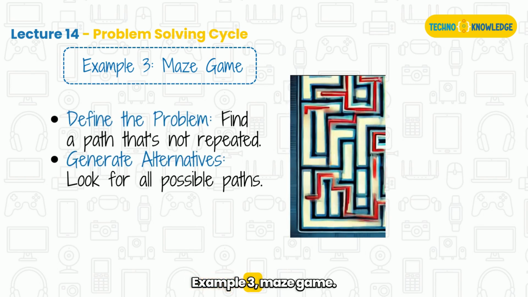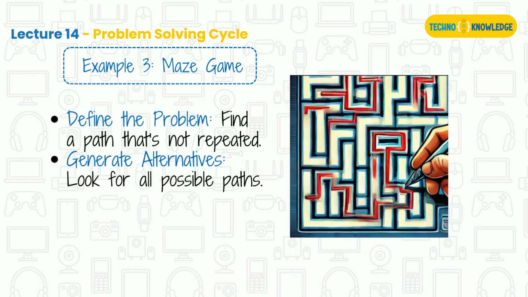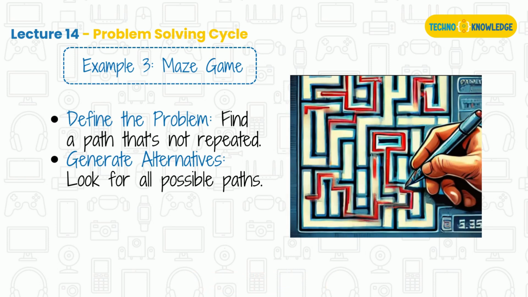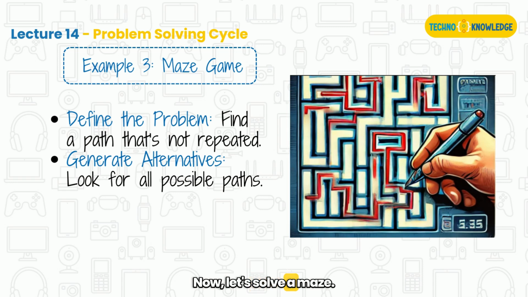Example 3. Maze game. Now, let's solve a maze. The goal is to reach the target without repeating a path. Define the problem. Find a path that's not repeated. Generate alternatives.